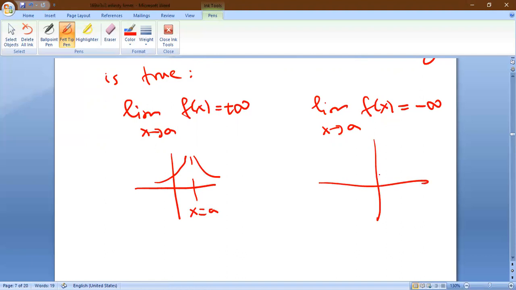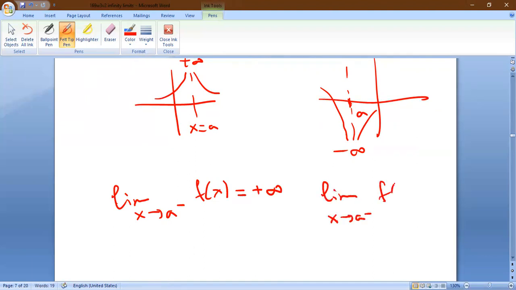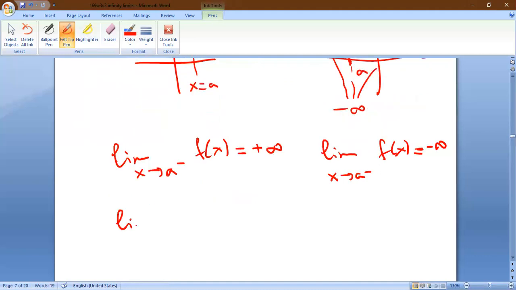Here, this case is, let's say a is here this time, but both directions are going to minus infinity. And the other cases, I'm not going to draw them because I have already drawn some of them. From the left or right, if you get one of the infinities, or you can have from the right also one of the infinities, then that line x equals a is called a vertical asymptote.